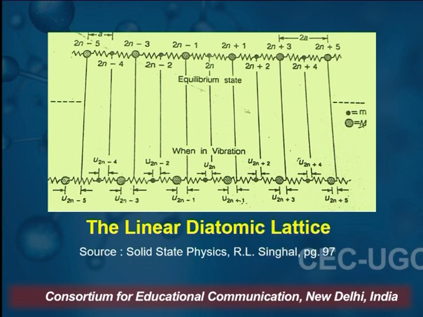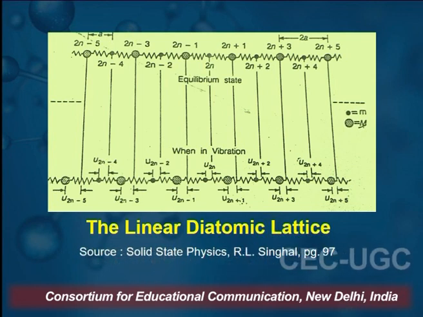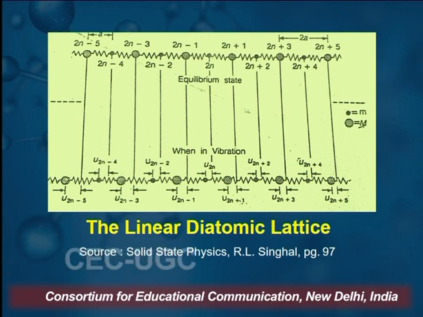So, let us consider a small lighter mass, small m, which is at position 2n. Let that be the center. The heavy and the lighter masses are placed alternate to each other. The one next to the lighter mass placed at 2n is the 2n plus 1th mass, which is the heavier mass.